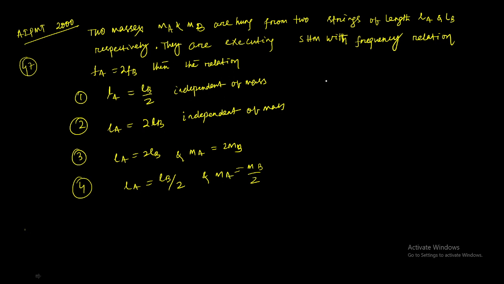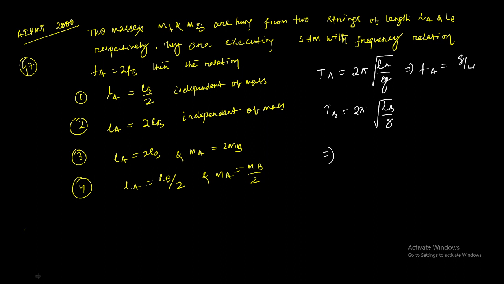So you can find out here time period TA equal to 2 pi root of LA by G, and TB equal to 2 pi root of LB by G, and frequency you can write as 2 pi by T. So FA equal to root of G by LA, FB equal to root of G by LB, right? I can take this as equation number 1, this as equation number 2.